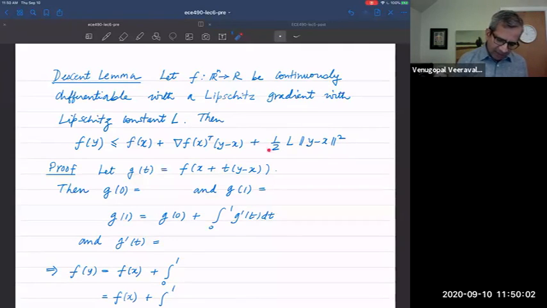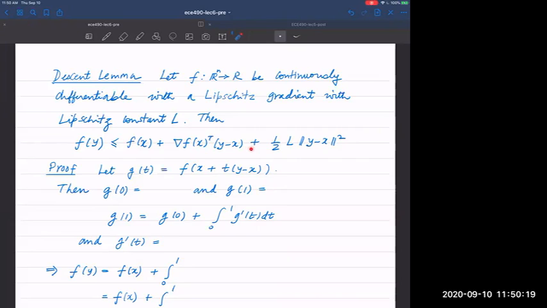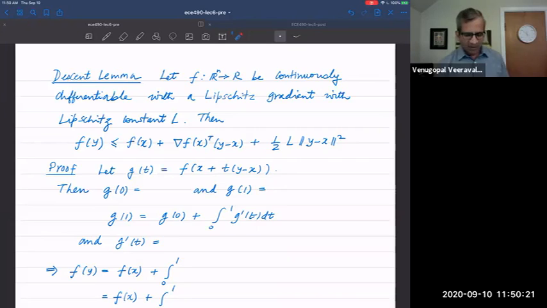If I didn't have the last term, do you remember where this comes from? What do the first two terms correspond to? Anyone? Taylor's theorem. Yes, so it's a first order Taylor approximation for f of y in terms of f of x.